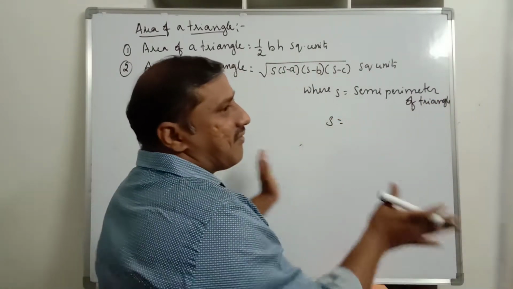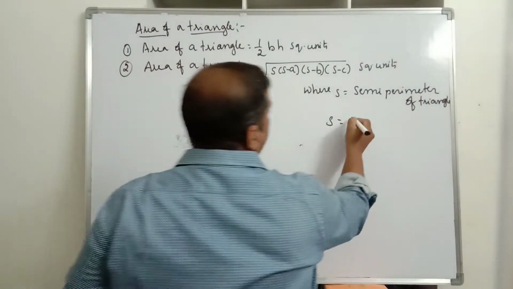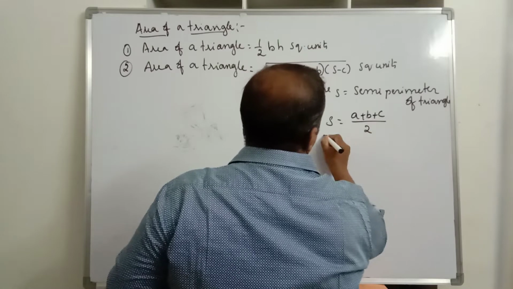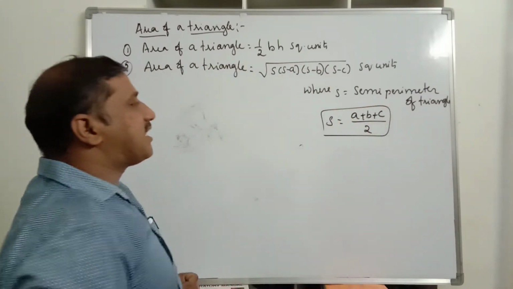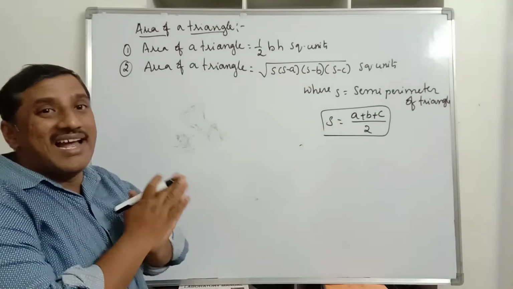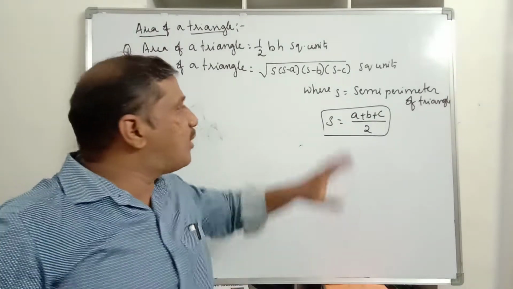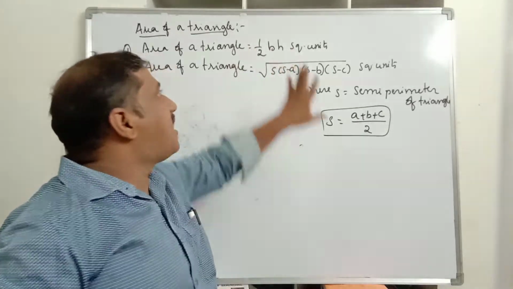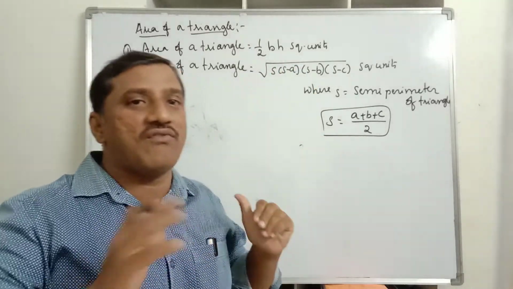Perimeter means the sum of all three sides, that is A plus B plus C. Semi means half. Therefore, S is equal to A plus B plus C by 2. We use this formula when we know the lengths of the three sides, and the other formula when we know the base and height, or the altitude of a triangle.